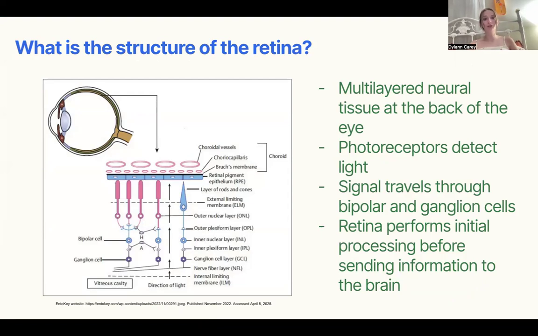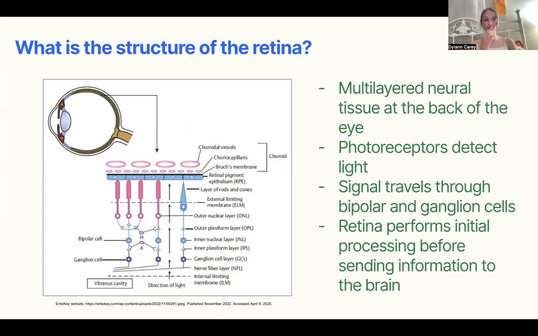Well, for starters, the retina is a layered neural tissue at the back of the eye. Photoreceptors will detect light. Signals will then travel through bipolar and ganglion cells, and then the retina will perform initial processing before sending the information to the brain so we can see or create a visual perception.